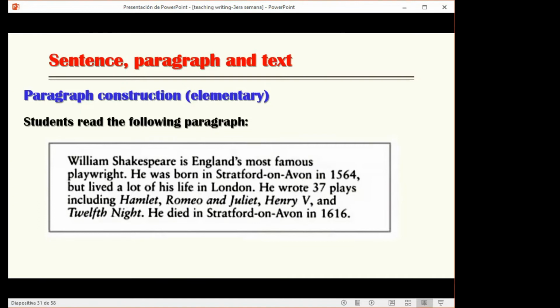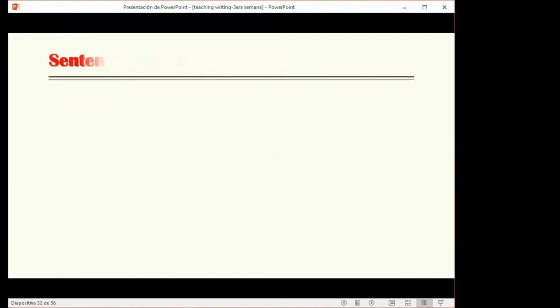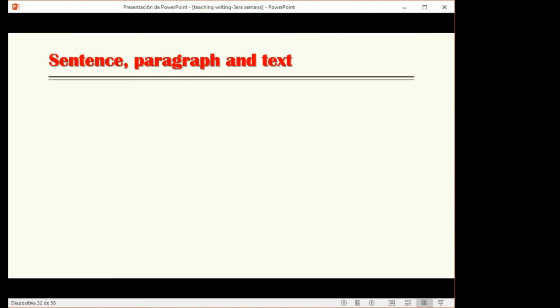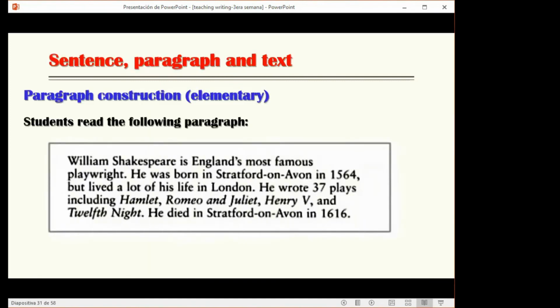And they start replacing. Jane Austen is England's most famous writers. Notice that it's almost similar, right? Instead of playwright, writers. And so they start substituting and substituting. She, instead of he, she.